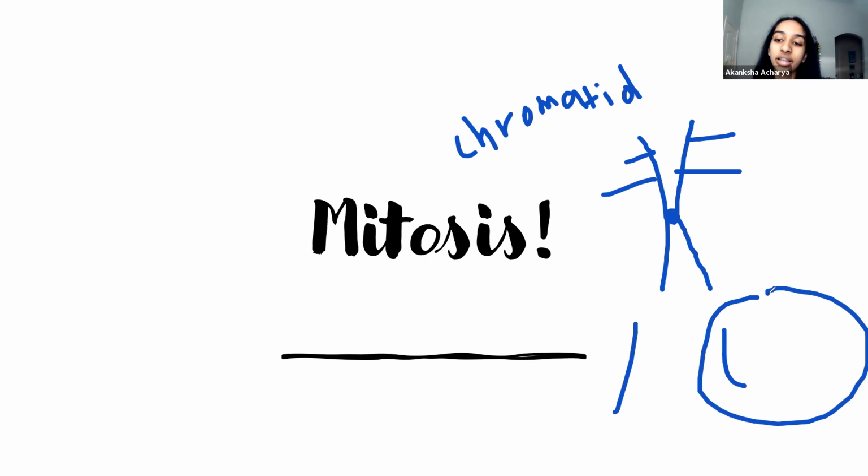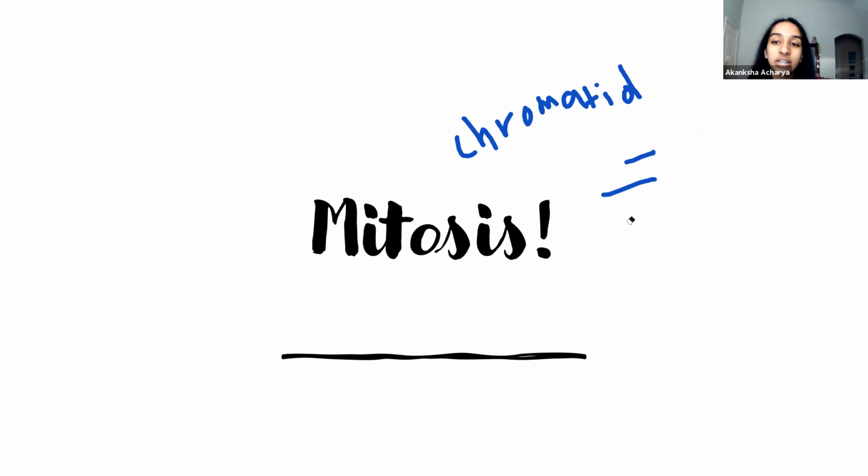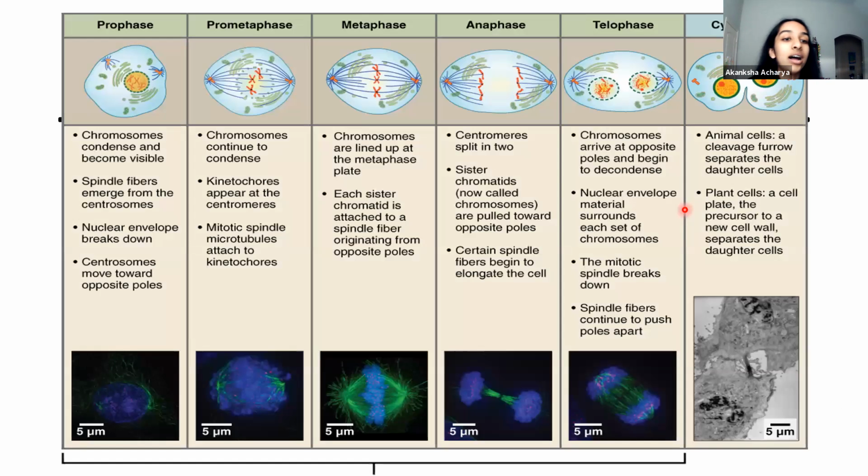So one cell will get this, one cell will get that, and we'll all live happily ever after because both of your daughter cells that are made will have their DNA. So that is what is happening. Your spindle fibers are the reason you can detach your chromosomes.